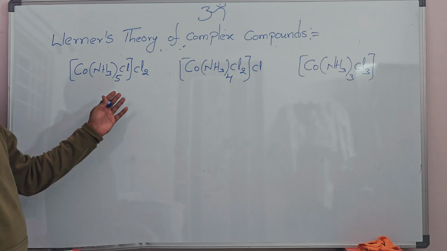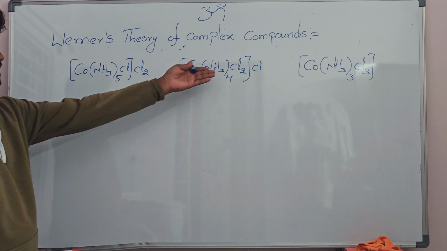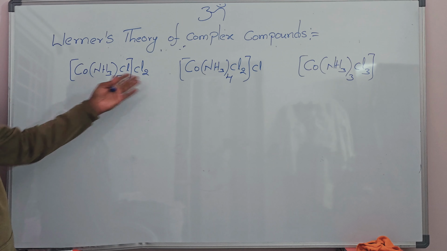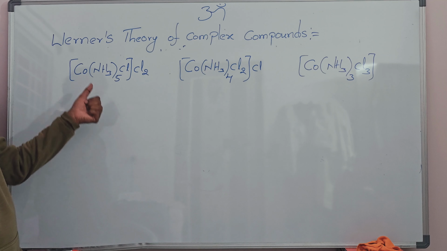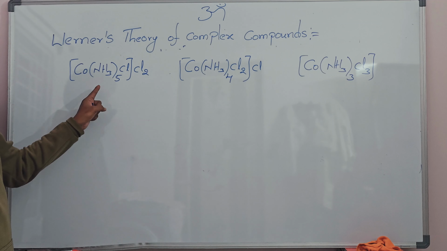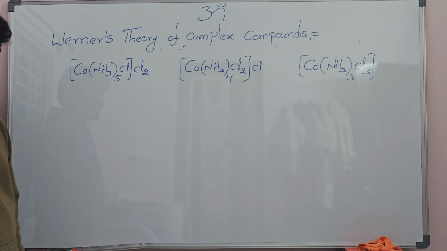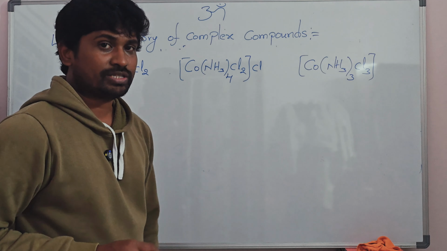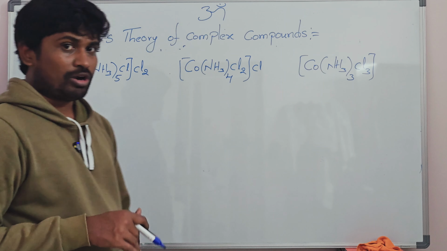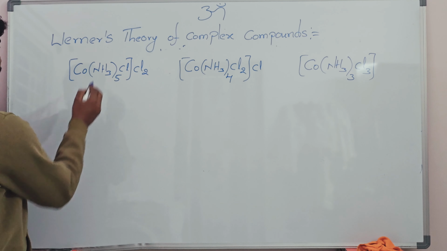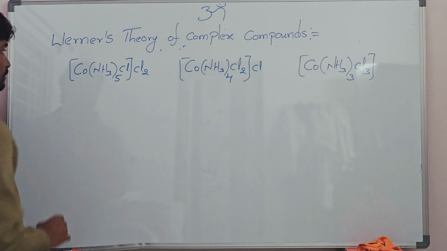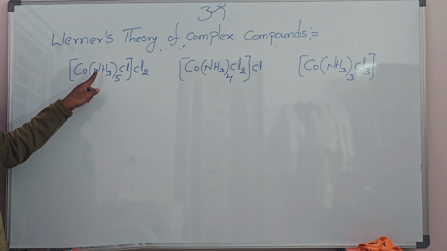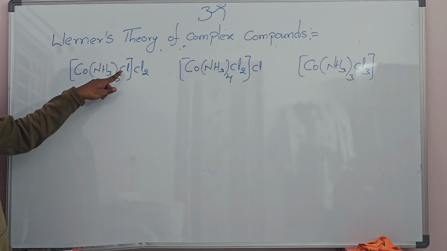Now observe here, students, I have given three complexes. In these three complexes, what is the primary valency and what is the secondary valency of the central metal atom? Primary valency, as I said, is the oxidation state. Secondary valency is the coordination number. Observe here, in the complex sphere, which ligands are present? Ammine is 5 and Cl is 1.